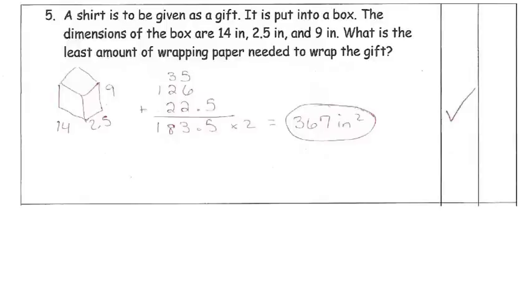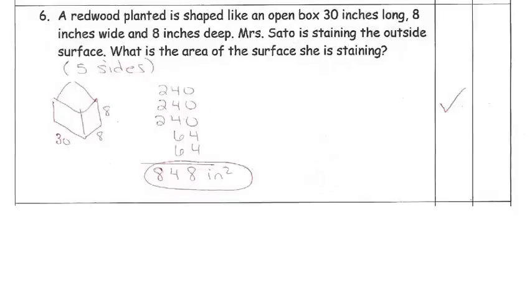For problem number 5, this is talking about surface area, and so your surface area for this is 367 square inches. For problem 6, this is a surface area word problem. We're talking about 5 sides that are going to be stained because the top part is going to be where the plant is coming out.